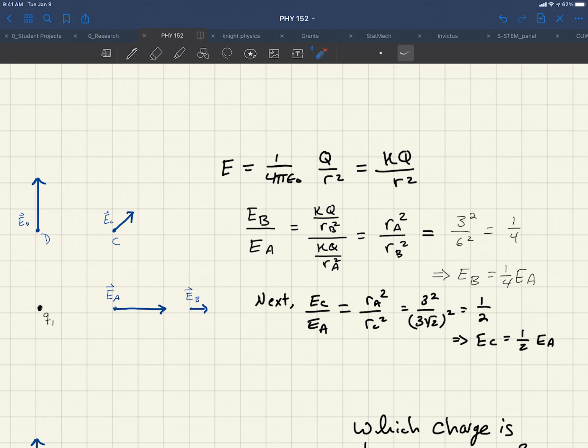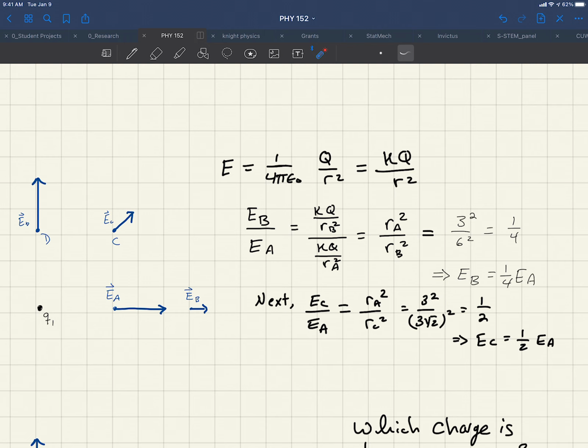And then, if you look at C and D here, what you see is that the electric field vector here is larger than the electric field vector there. So if I were to put a positive charge here and that same positive charge there, they would each experience a force. However, the force created here would be larger than the force created there. Why is that?